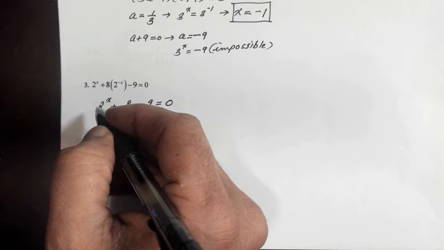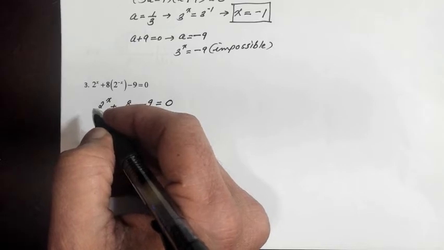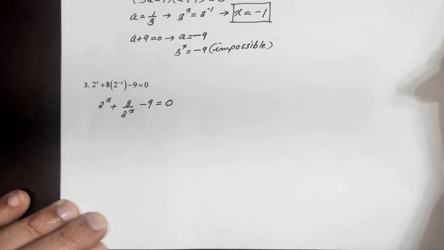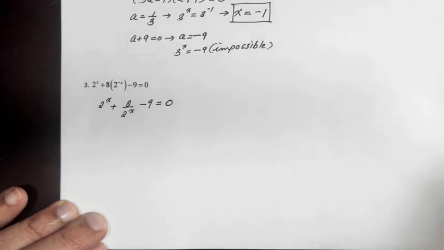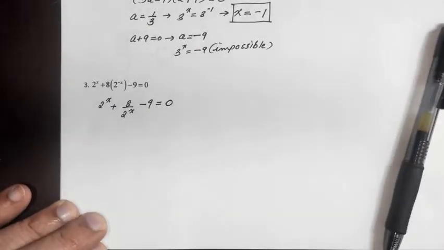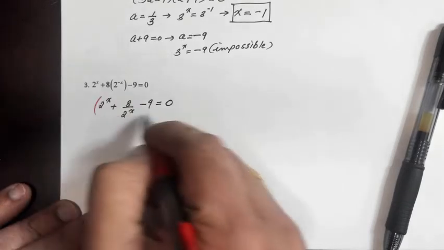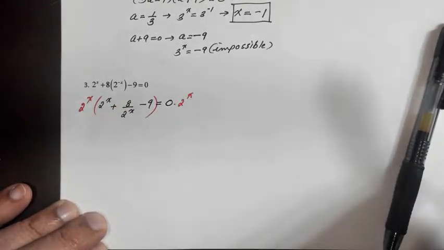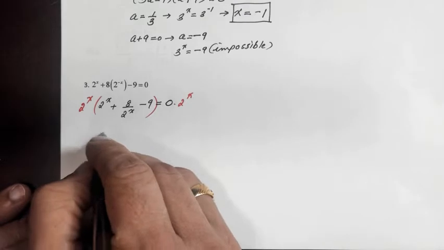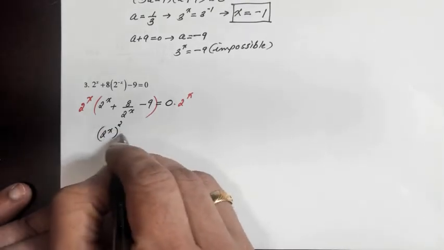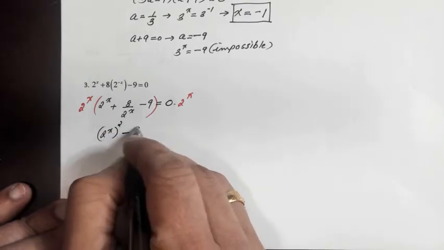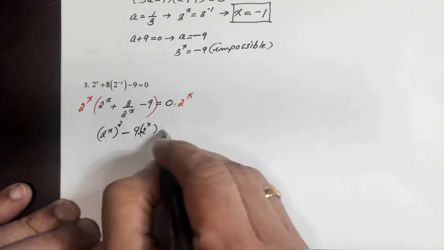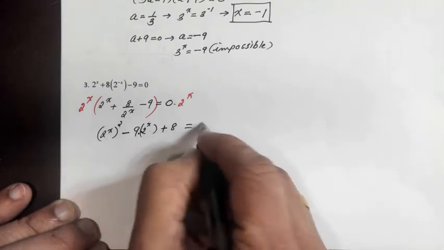So multiply both sides by 2 to the power of x over here, so that becomes 2 to the power of x squared minus 9 times 2 to the power of x plus 8 equal to 0.